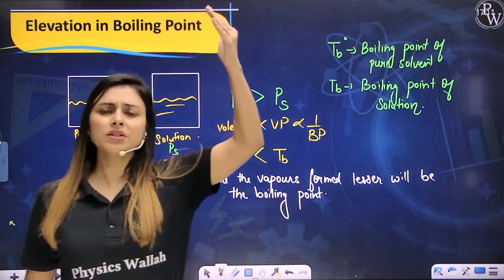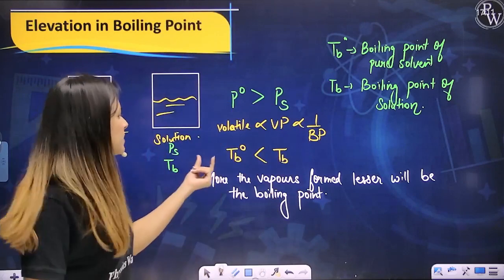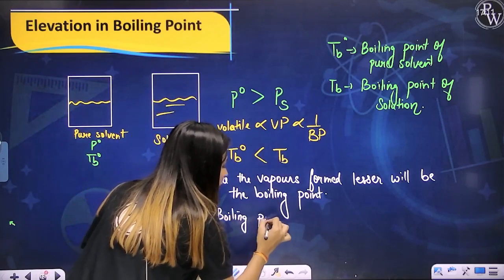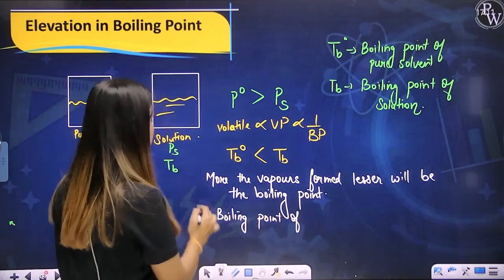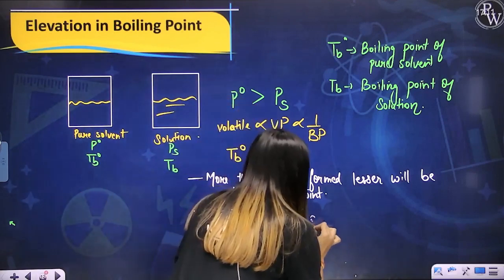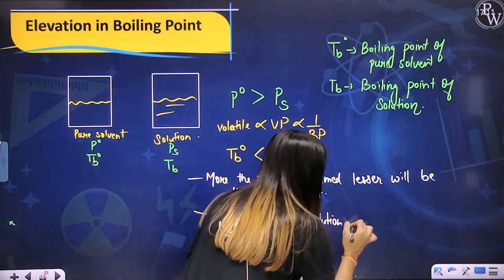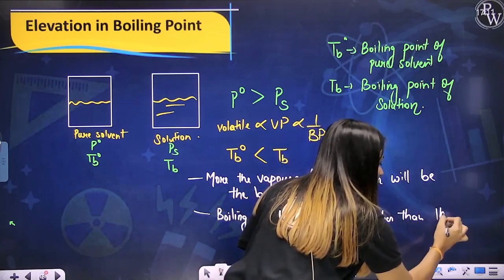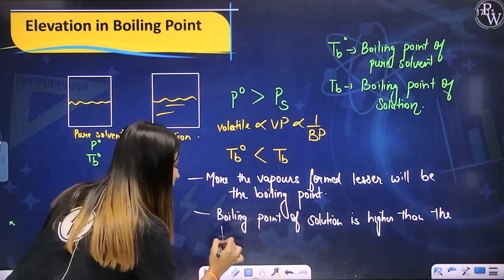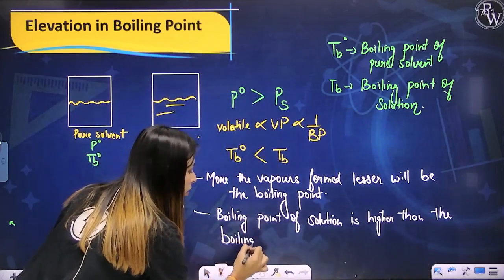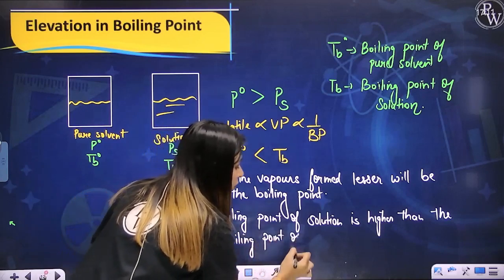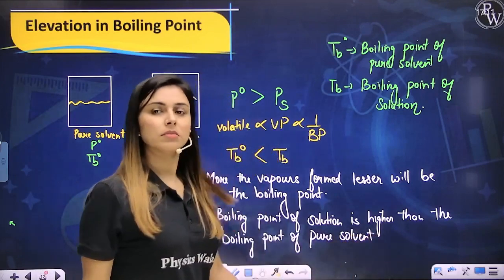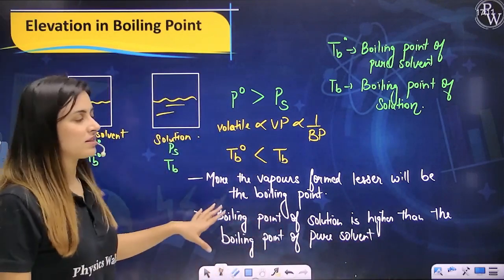The more the vapors formed, the lesser the boiling point, and that is the reason the boiling point of the solution is higher than the boiling point of the pure solvent. Clear? I don't think there is any issue till now.